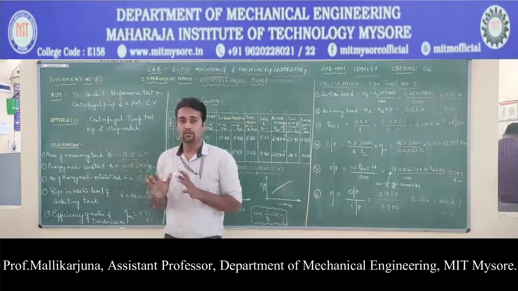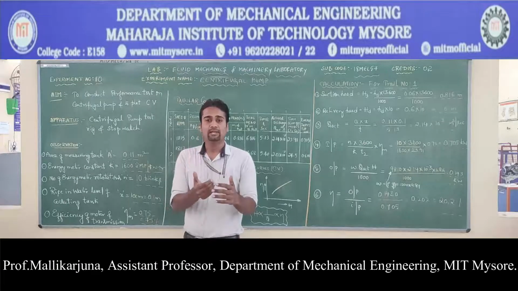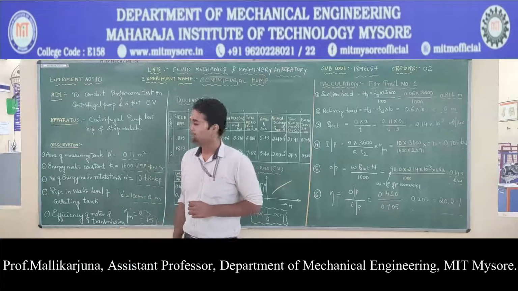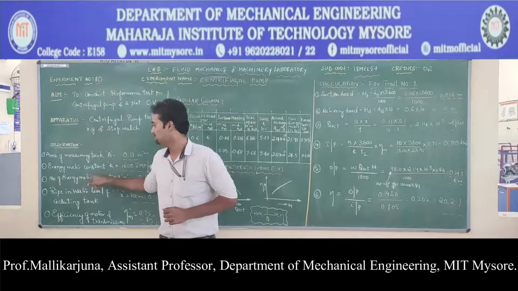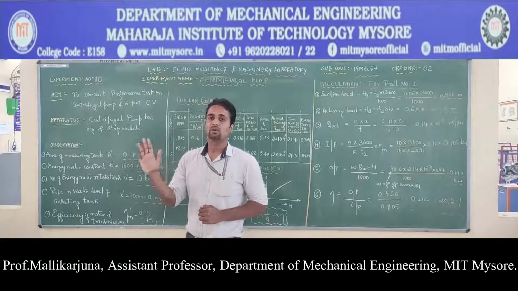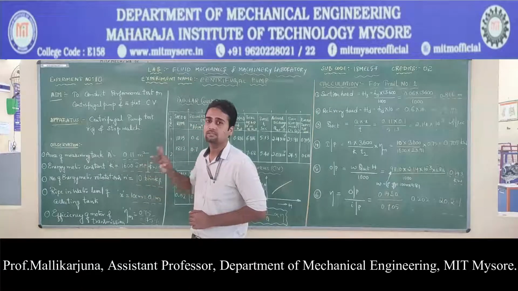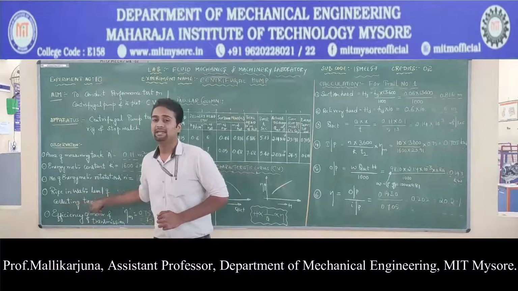Energy meter is required in order to measure the amount of electrical energy supplied to the centrifugal pump. Number of energy meter rotations, N, which is the energy meter disk rotation, is 10 rotations.